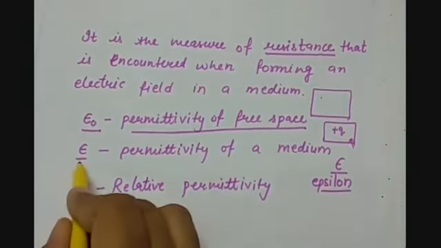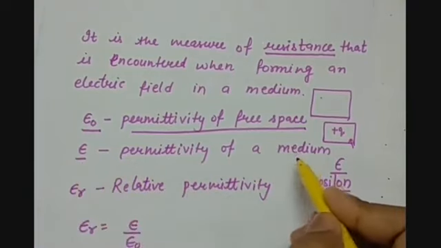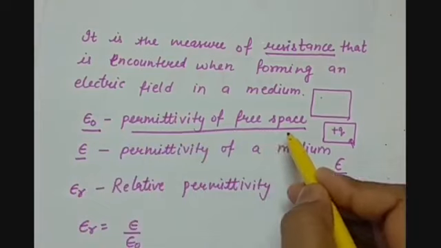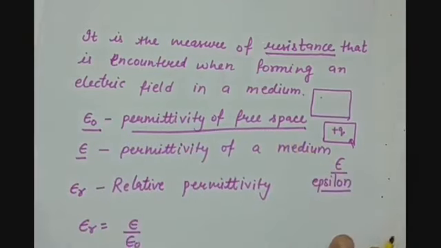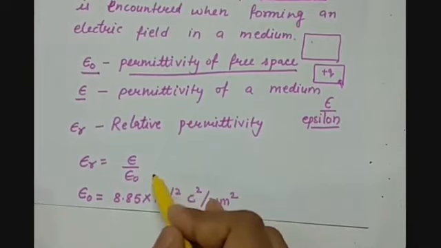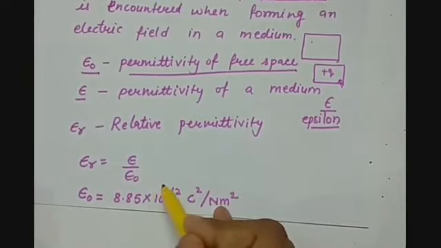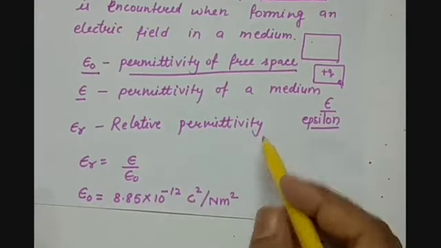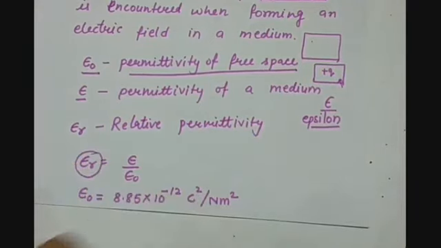So epsilon is the permittivity of the medium and epsilon naught is the permittivity of free space. The ratio of the permittivity of a medium to the permittivity of free space is called the relative permittivity of the medium, denoted by epsilon r.